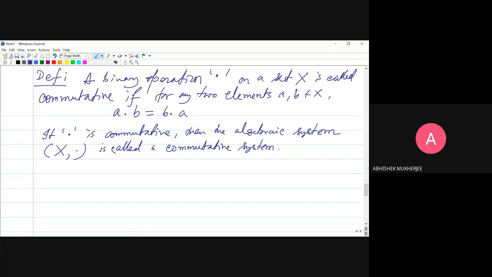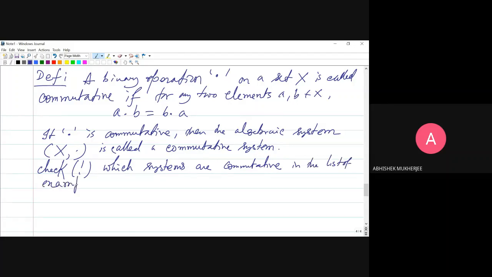For examples of commutative systems, I just want to give you this as an exercise: check which systems are commutative in the list of examples.